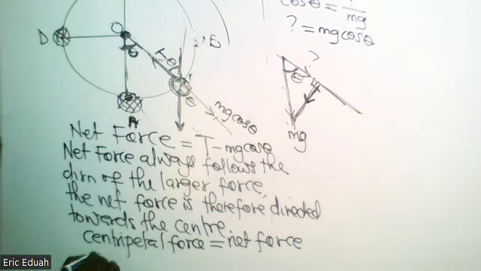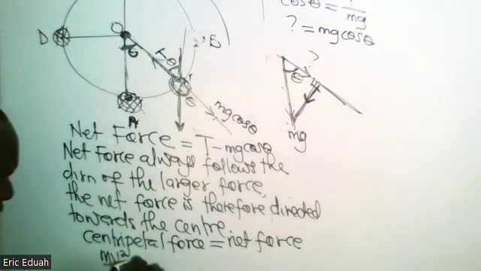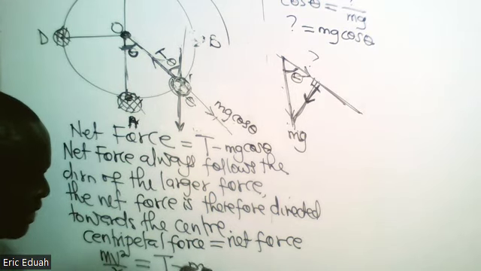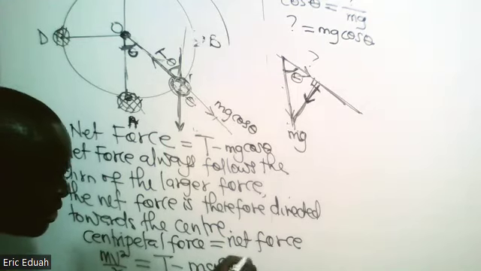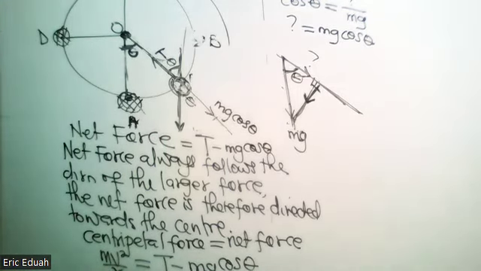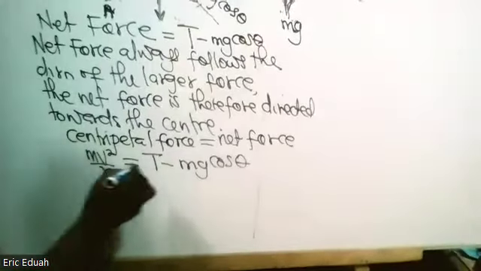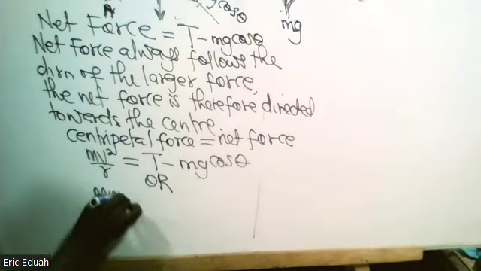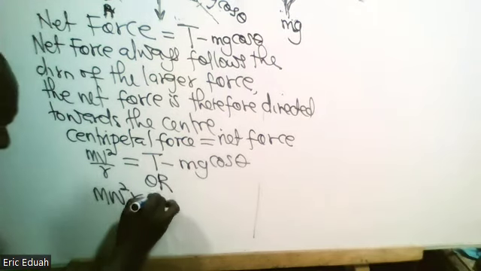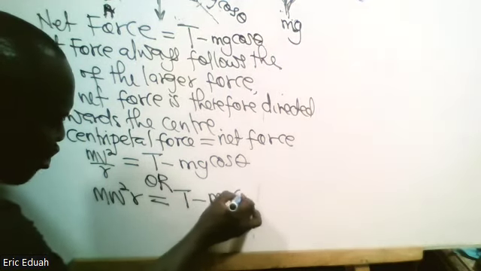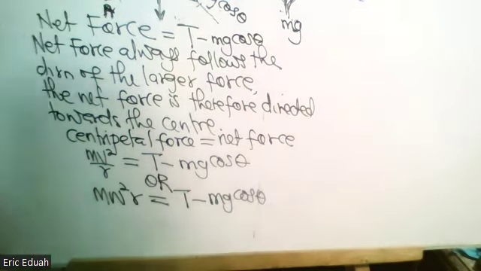Therefore, mv squared over r is equal to T minus mg cos theta, or m omega squared r is equal to T minus mg cos theta.